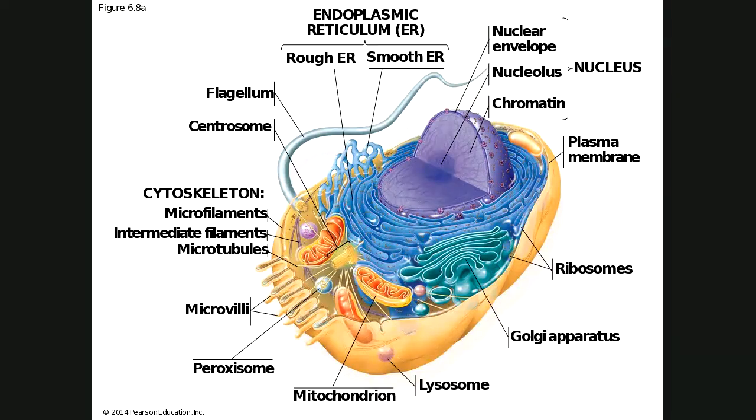Remember, pro from yesterday for prokaryotic meant before. Like when Boeing and all them folks are going to make a new type of airplane, they make a prototype first. They make a model. So the prokaryote is before the nucleus because it ain't got one, and then eukaryotic is organisms that have the nucleus.